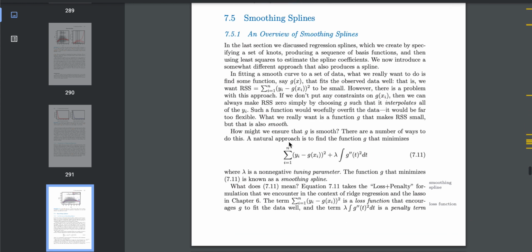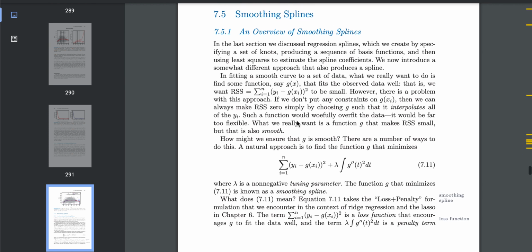And here I just give you a very short flavor of what a smoothing spline is.